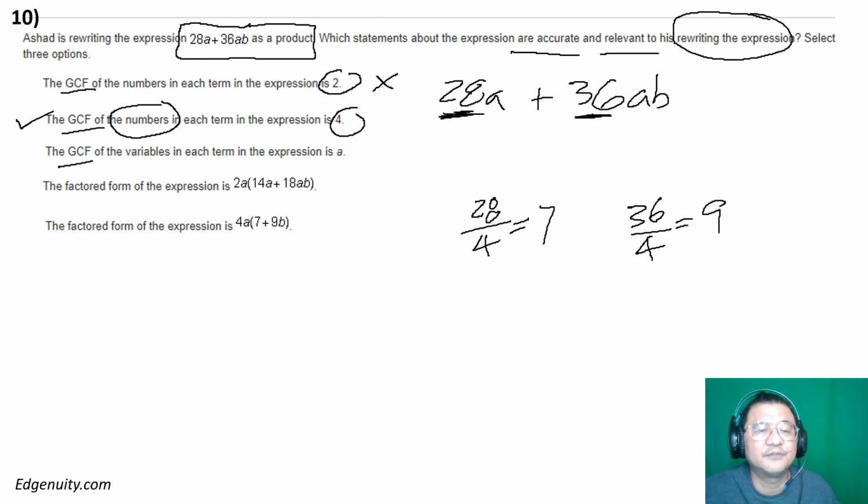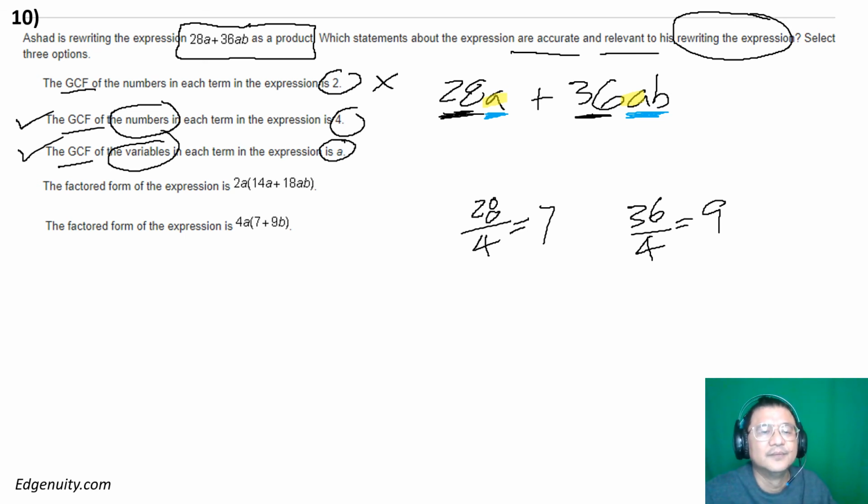The GCF of the variables. Just look at the variables, not the numbers, but the variables. What is common with them? Obviously, what is common is the letter A. Only A is common. So that's why we circle. Okay, that's why this one is accepted. A is the greatest common factor.